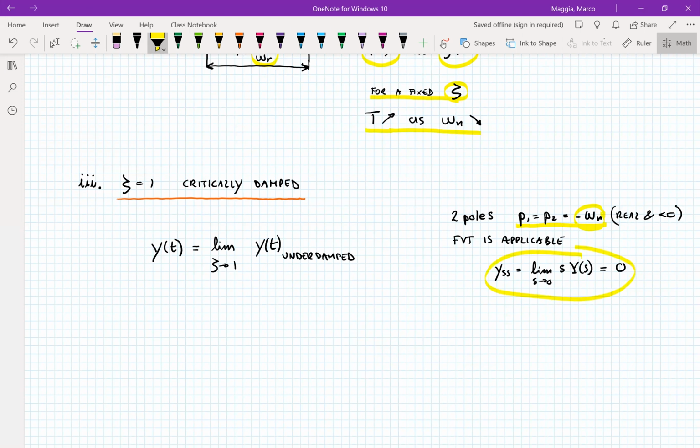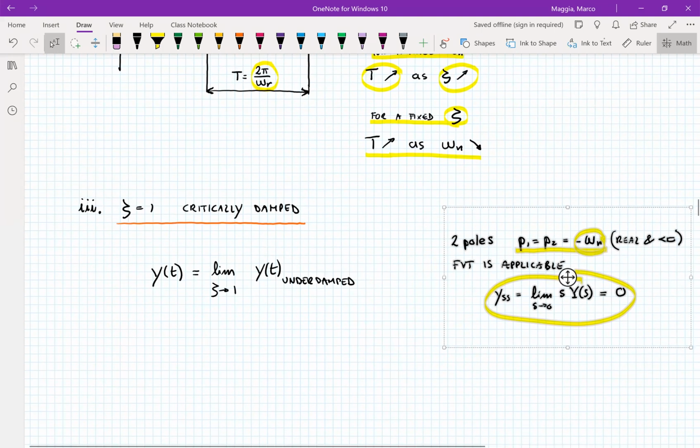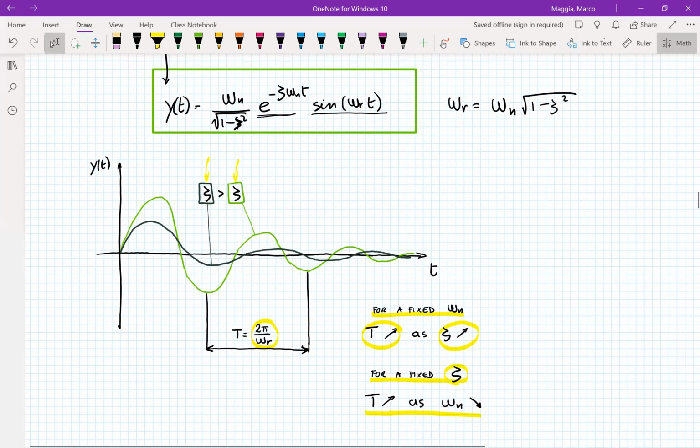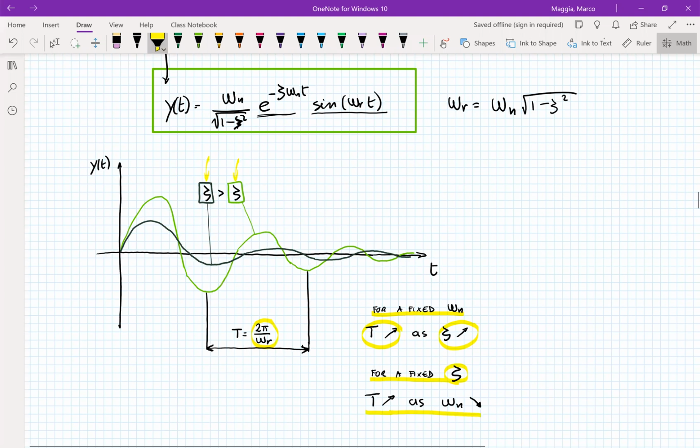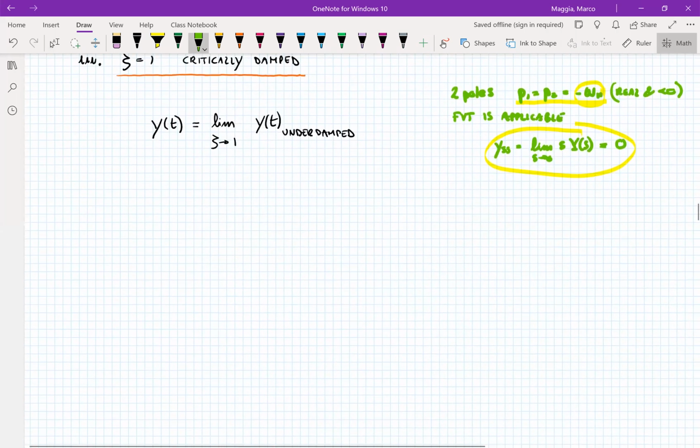But one thing that I forgot to mention, in the underdamped case, just wanted to verify that the final value was indeed 0. Well, if you were to extend these functions as time goes to infinity, their amplitude would just decay asymptotically to 0. So indeed, their final value would be equal to 0.